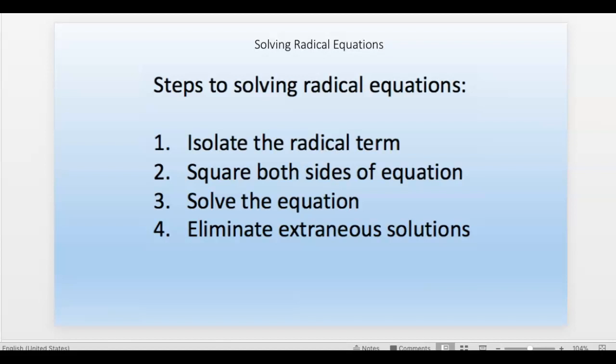The last step, and it's important, is to eliminate any what's called extraneous solutions. The first part of that word is extra.